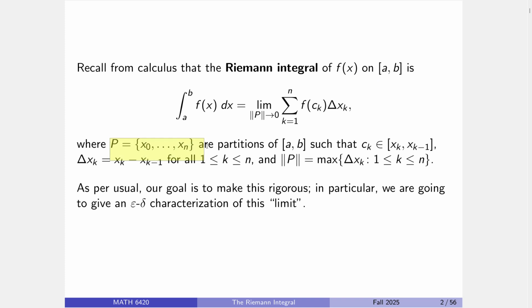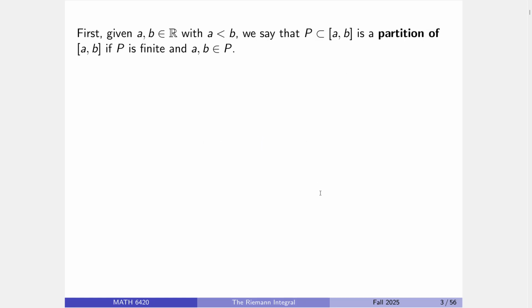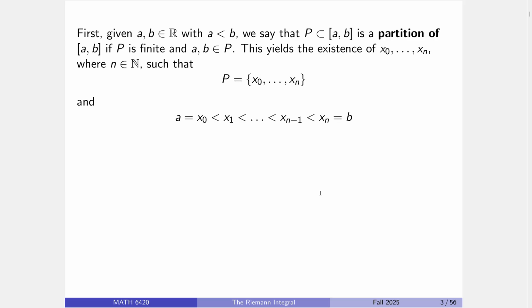Let's note that the key thing when it comes to integrals is this notion of partition, so we want to make that nice and formal, so we'll start there. A subset is a partition of an interval if it's a finite set and it has the endpoints. That pretty much does it. Because it's finite, that means it's a list, and because we have the two endpoints for sure, I'll start counting at 0.